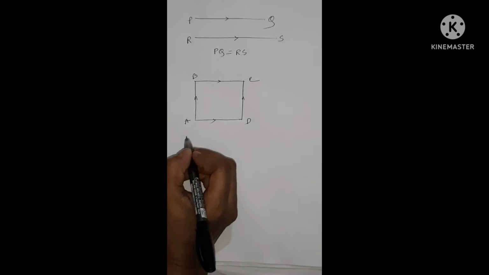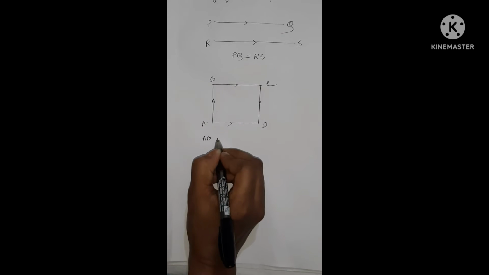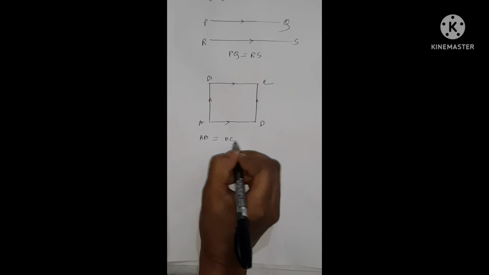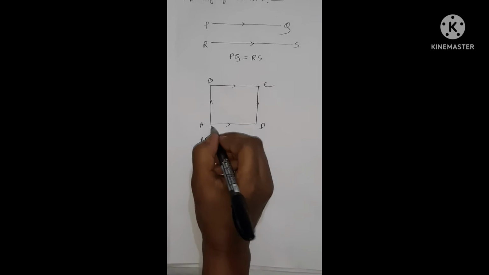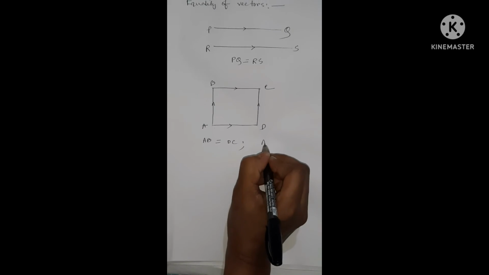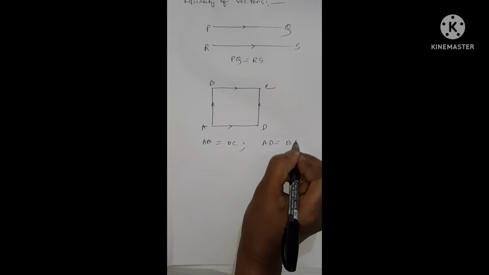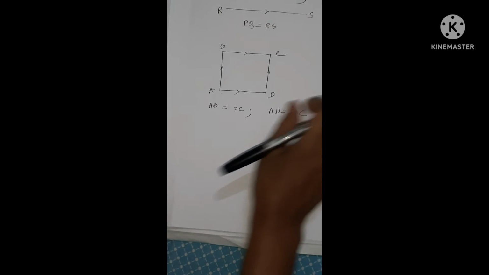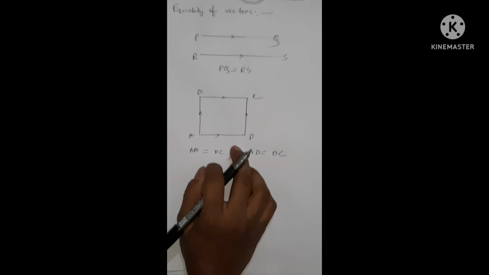So AB equals DC and AD equals BC. This is the definition of equality of vectors.